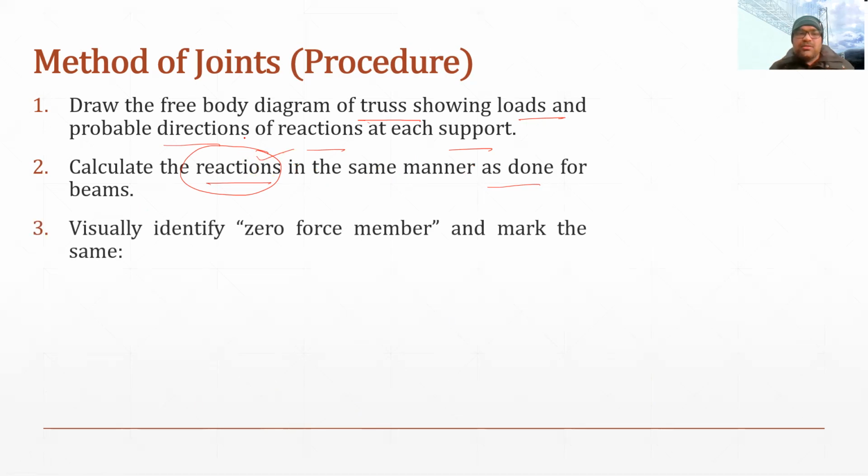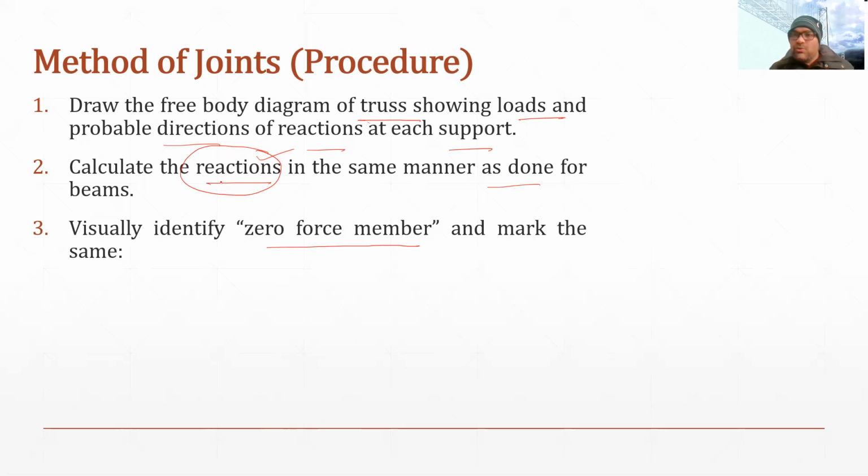The third step would be to visually identify zero force members. Now, in a truss, sometimes we add some members to provide stability. We have added that member to provide stability to the truss, but it may not be necessary that the member will be experiencing some force.